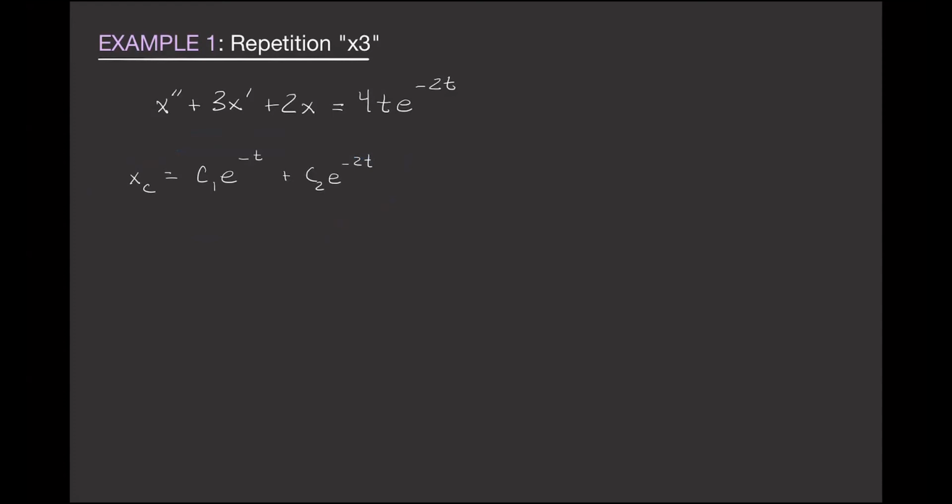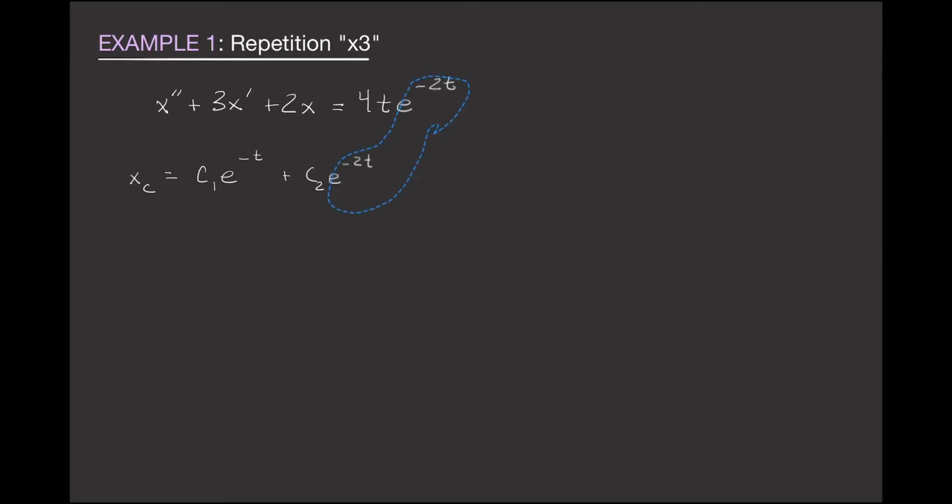Now look at the complementary solution. It's got two terms, and then look at this, what I sometimes call the non-homogeneous part of this equation. The part that if it were 0 would be homogeneous, but because it's not 0, we have it not homogeneous. In particular, what you have is this repetition.